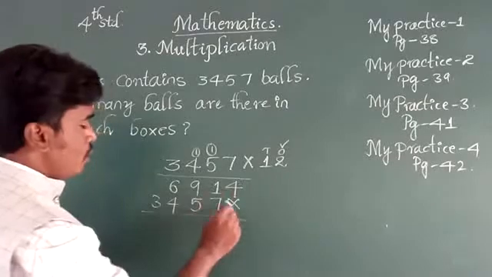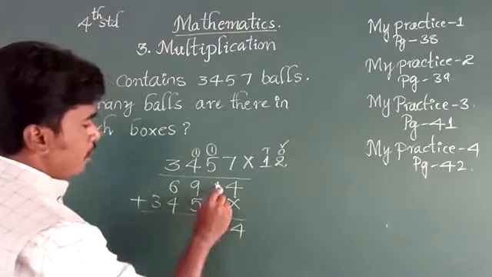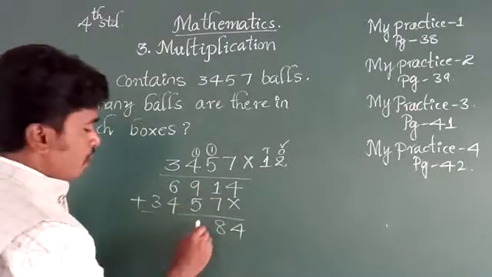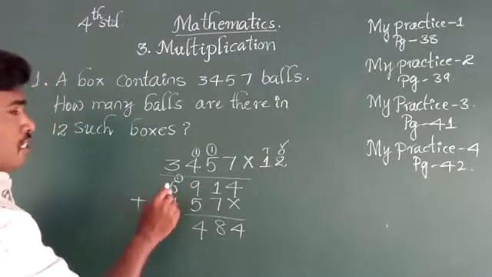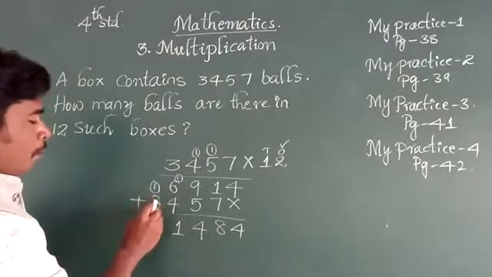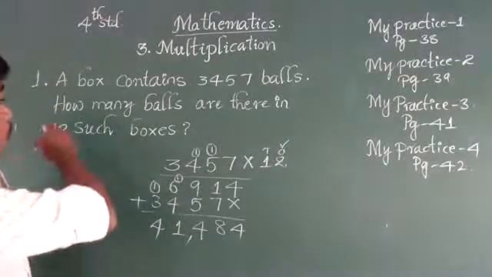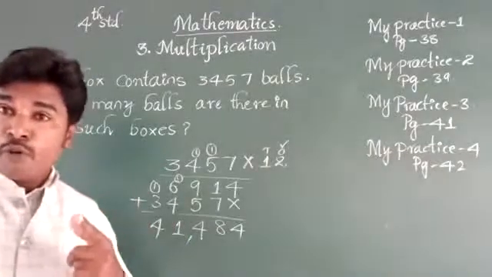So now add these two numbers. Okay. 4 plus 0 is 4 only. 1 plus 7, 8. 9 plus 5 is 14, 1 regroup. 1 plus 6, 7. 7 plus 4, 11, write 1, 1 regroup. 1 plus 3 becomes 4. How many balls are there in such 12 boxes? There are 41,484.